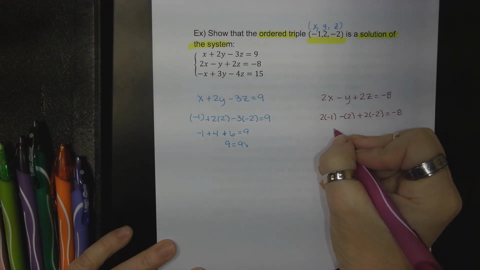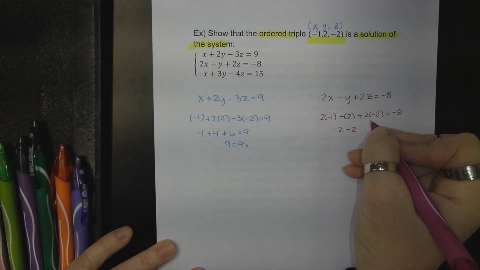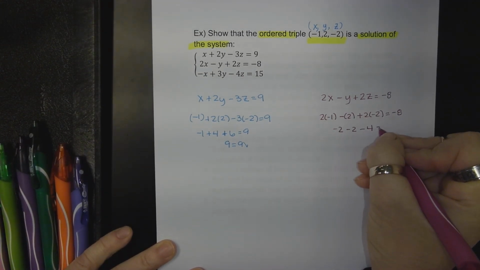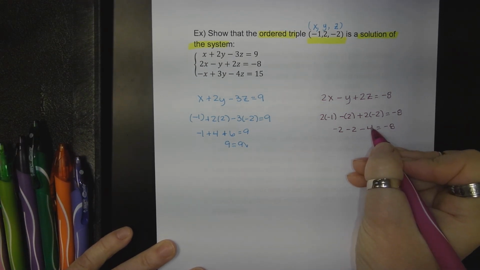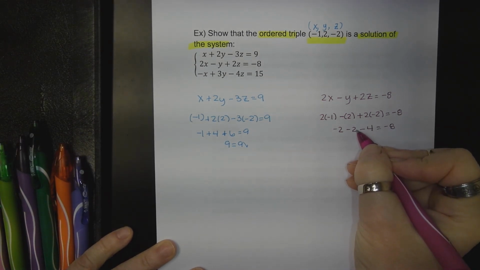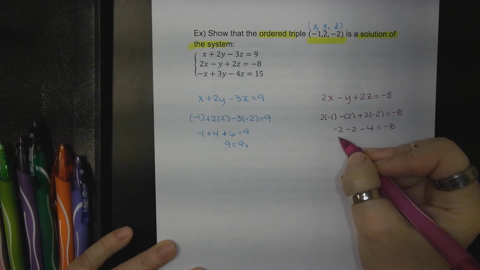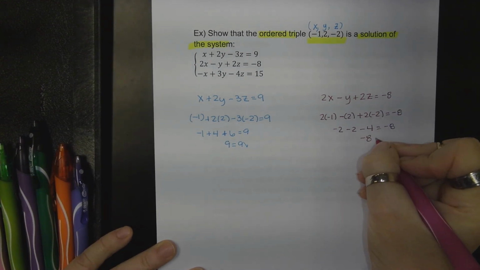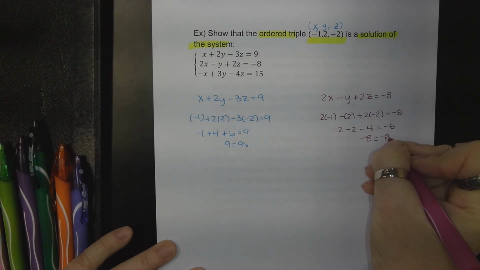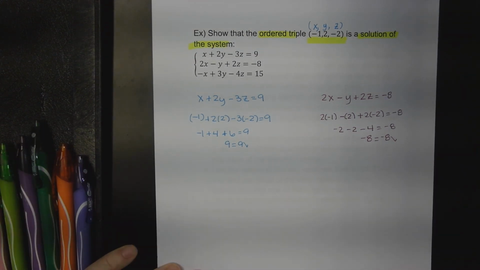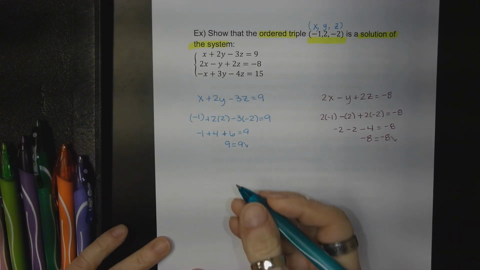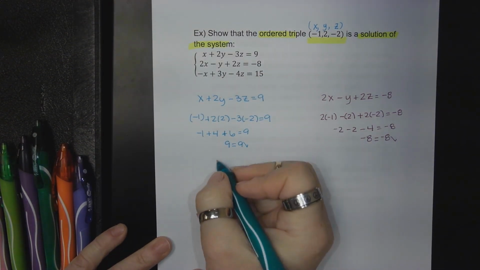Well, this is going to give us a -2 minus 2 minus 4. So -4 plus a -2 is -6 plus another -2 gives us a -8. So that's a true statement.